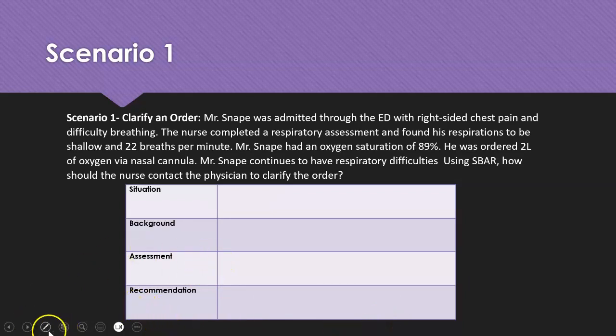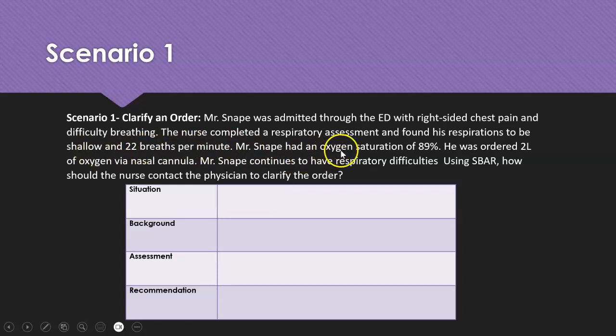Okay, so scenario one, let's read it. Clarify an order. Okay, so that's what you're doing. Mr. Snape was admitted through the ED with right sided chest pain and difficulty breathing. The nurse completed a respiratory assessment and found his respirations to be shallow and 22 breaths per minute.